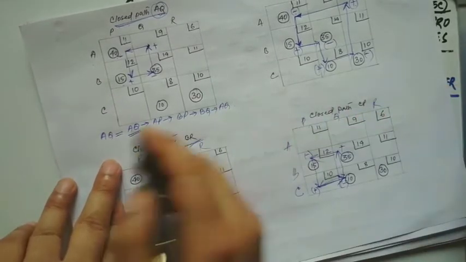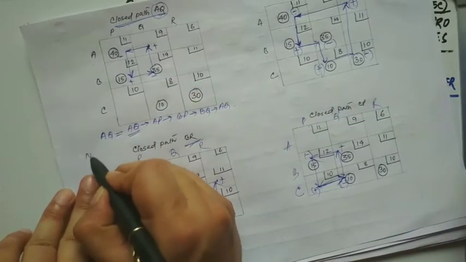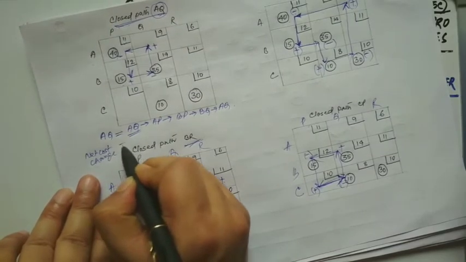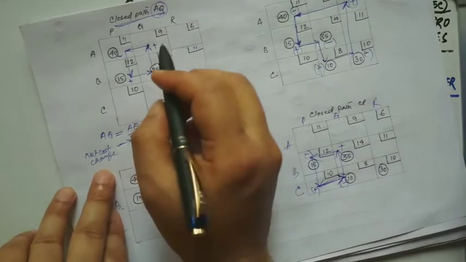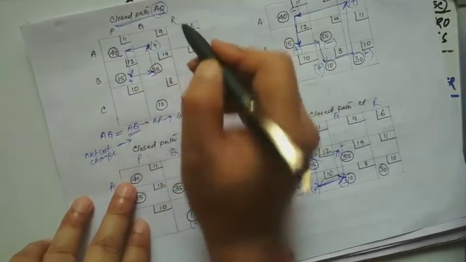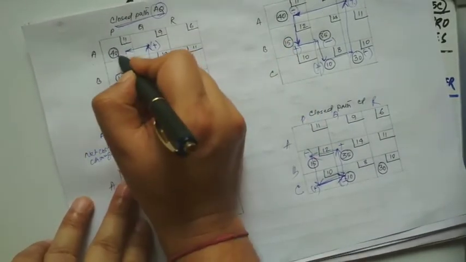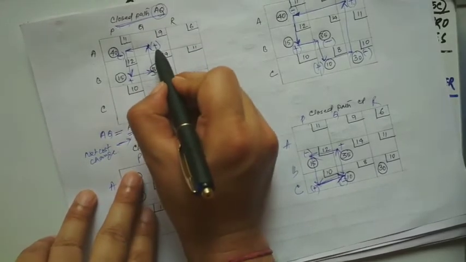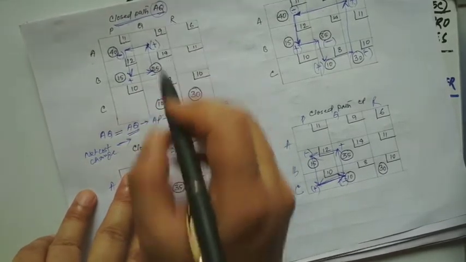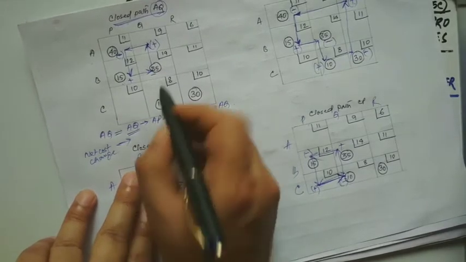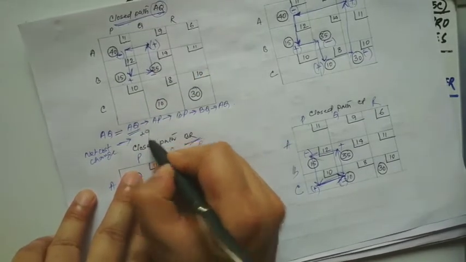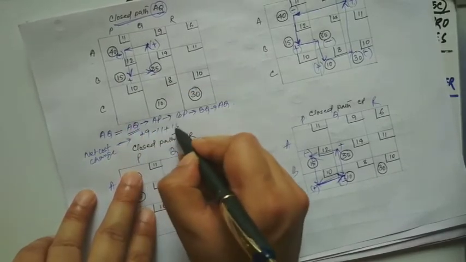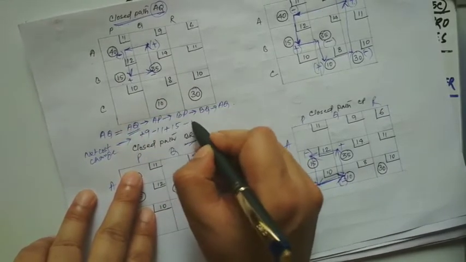Now the net cost change. How to calculate the net cost change? Look, this is the plus, this is the minus. So you just have to take the symbol and write the unit cost like this. First one plus 9, next one minus 11, third one plus 15, fourth one minus 14.